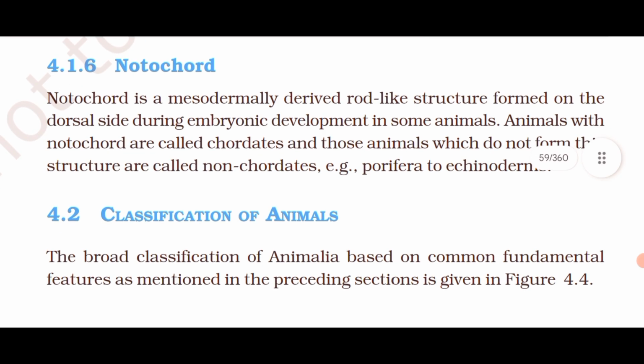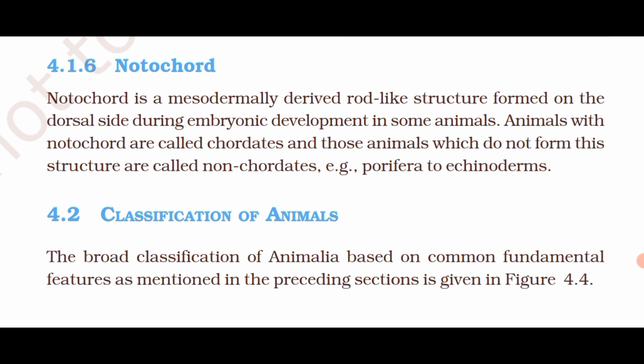Notochord is a mesodermally derived rod-like structure formed on the dorsal side during embryonic development in some animals. Animals with notochord are called chordates, and those animals which do not form this structure are called non-chordates, e.g., porifera to echinoderms.